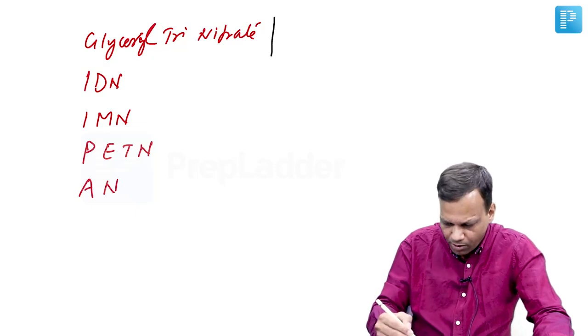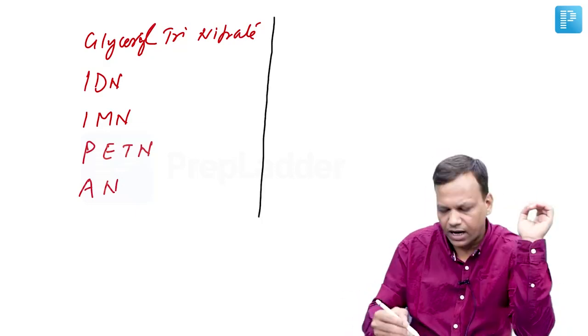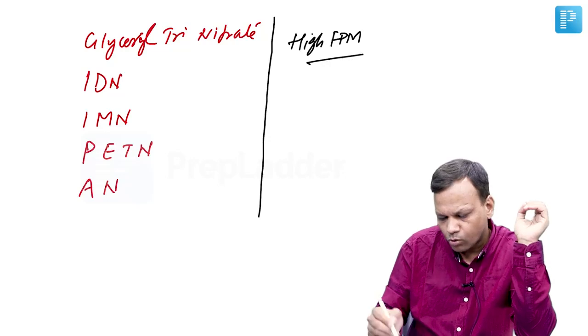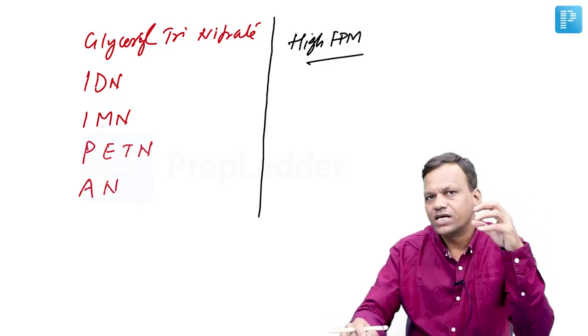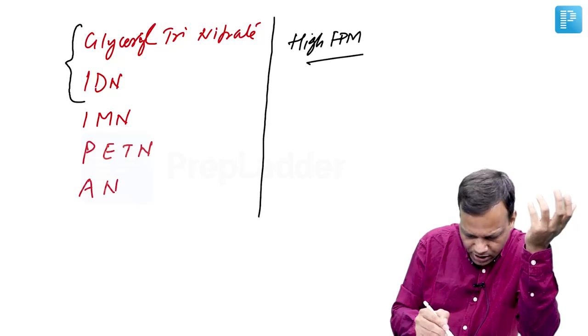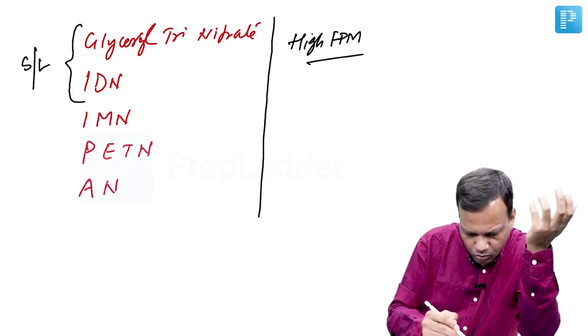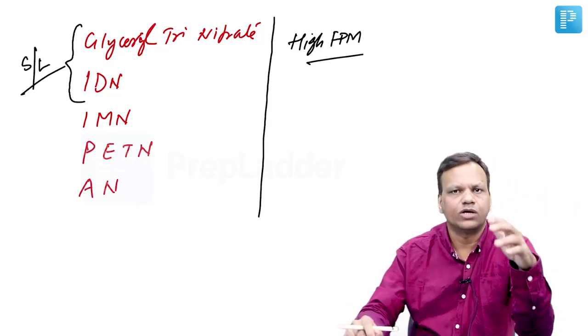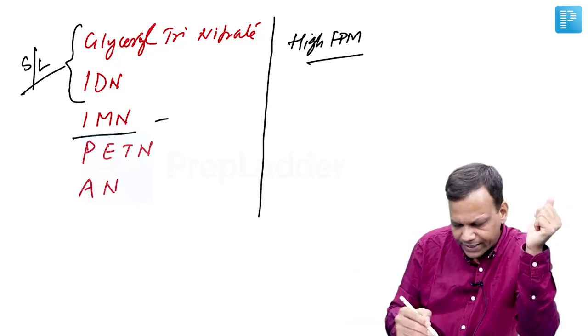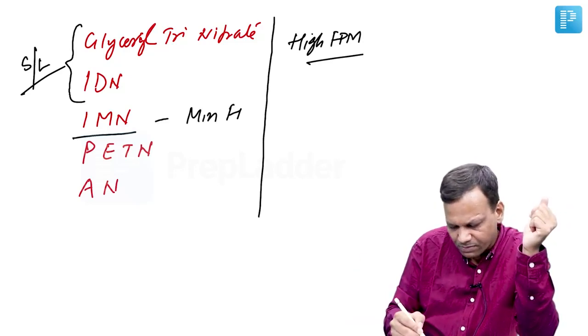The important point to remember, all of these have very high first pass metabolism. So they have very poor oral bioavailability. So they are usually preferred by an alternative route, which is sublingual. So in fact, the first 2 drugs are given by sublingual route, and they are drug of choice for acute attack of angina. Second, isosorbide mononitrate has minimum first pass metabolism.